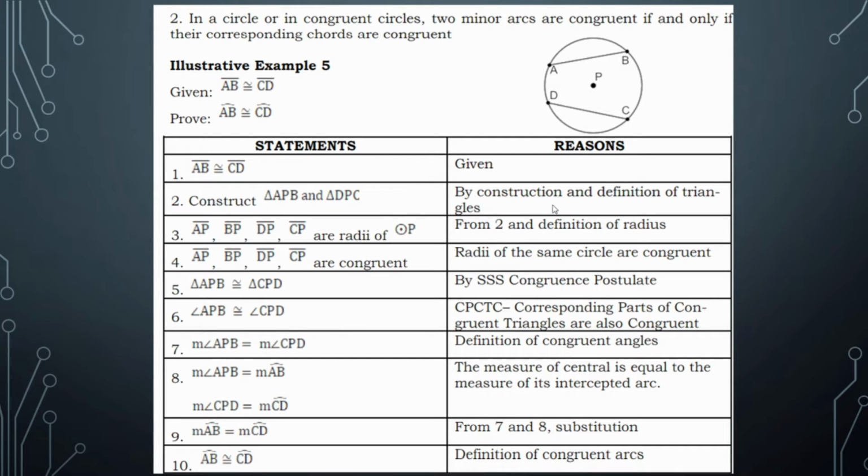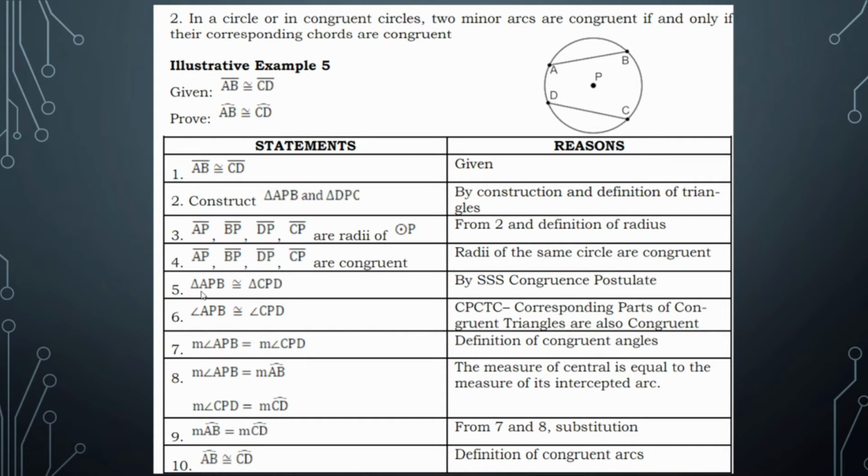By the construction, we have triangle APB and triangle DPC. Next, line segments AP, BP, DP, and CP are the radii of circle P. Therefore, they are congruent.